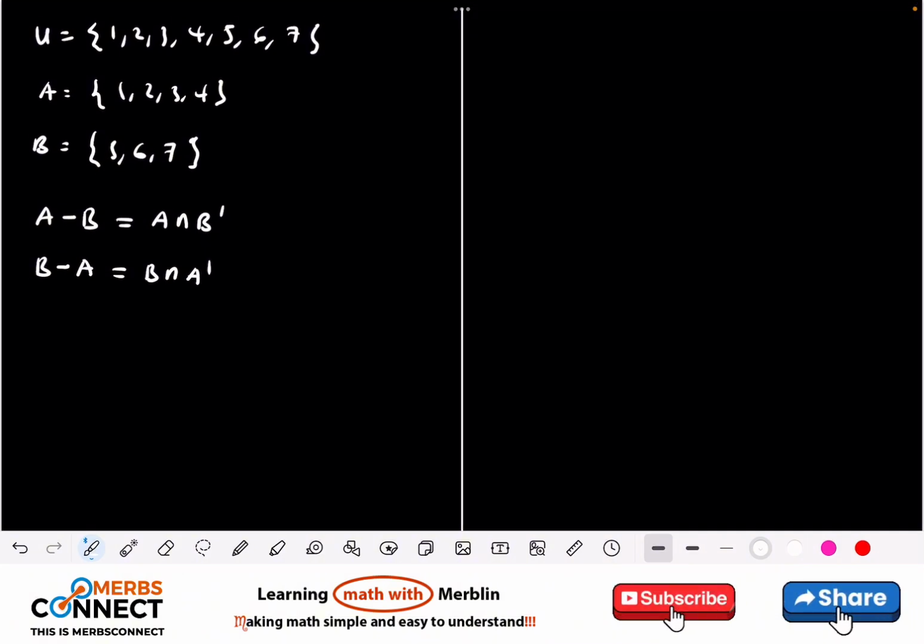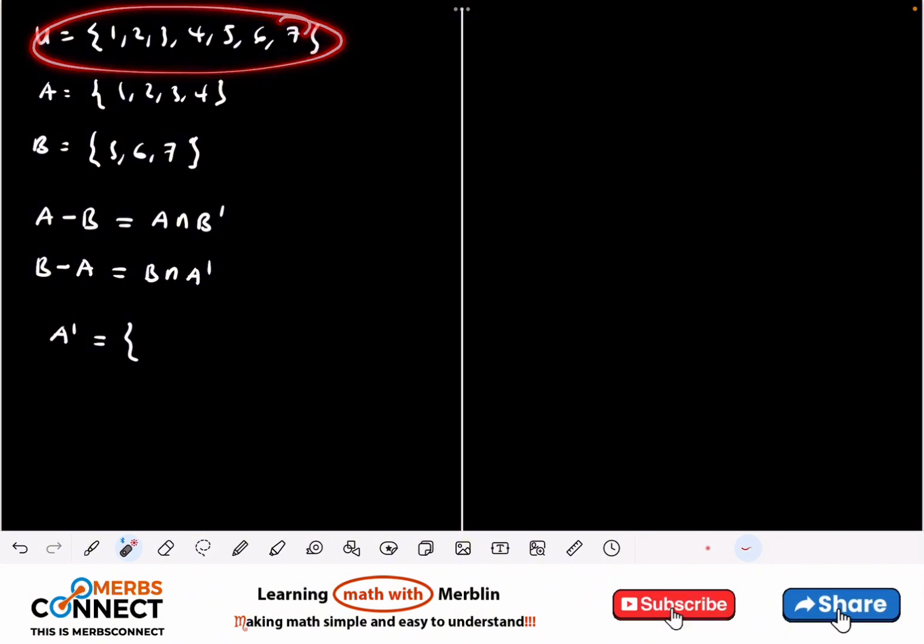So first, let's go and look for A complement and B complement. Let's learn how to find a complement from the universal set, right? So what is A complement? When you say A complement, we are saying that A complement is all elements in the universal set that are not in A. So what are the elements in the universal set that are not in A?